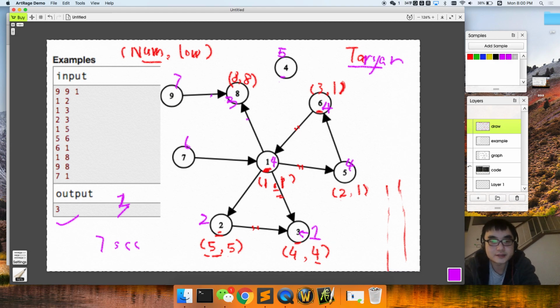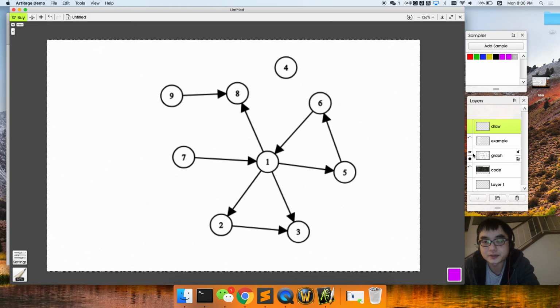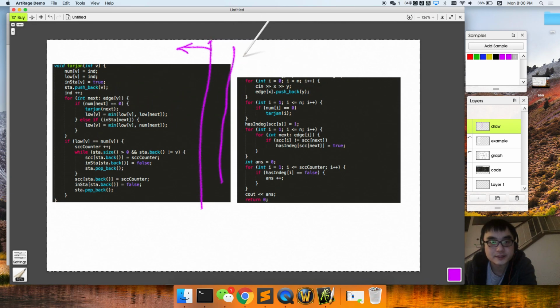So with all that being said, we move on to the code, right? So here is the code. The left part is the Tarjan algorithm, and the right part is the main algorithm. This part is where we input all those edges.